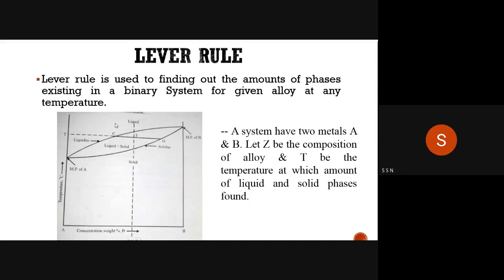So consider this example or this phase diagram. In that phase diagram you can observe, suppose metal A and metal B are there.